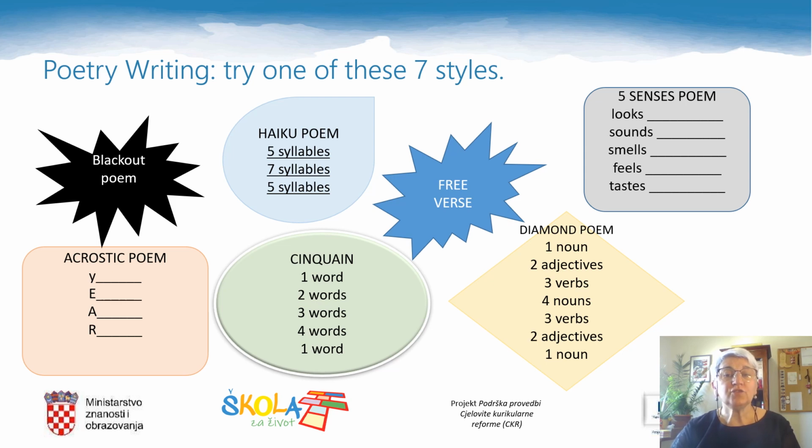That thing that you're writing about looks like, sounds, smells, feels, tastes. Or if you don't like any of these, you can always write free verse. I hope you will try one of these styles and write a poem about your learning English, about this school year.